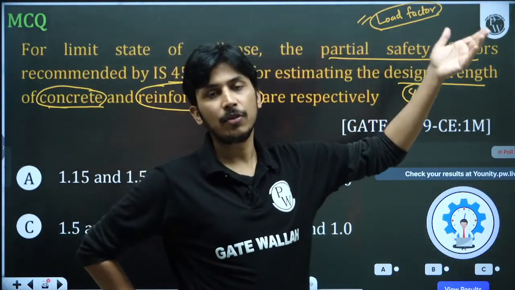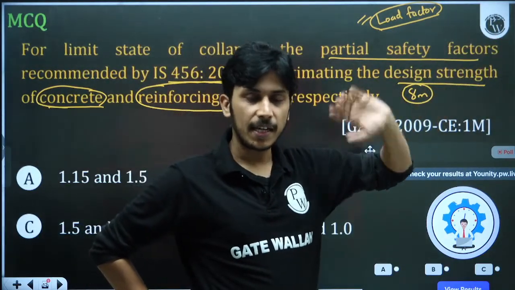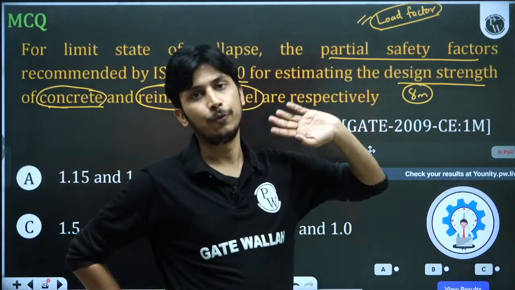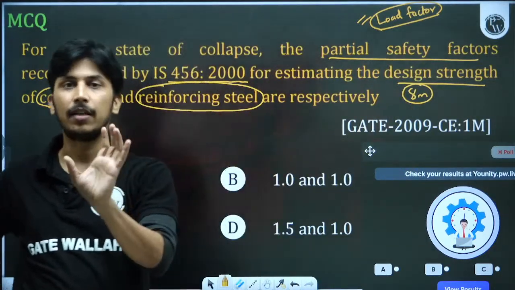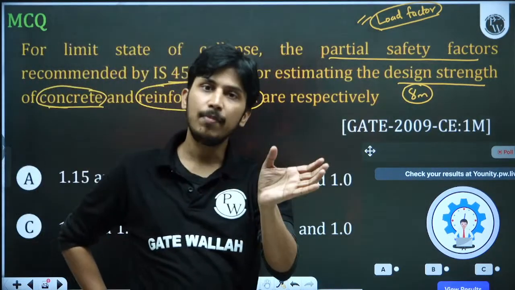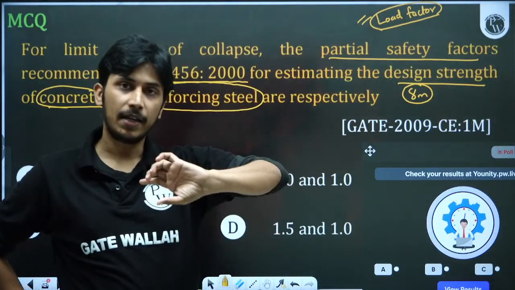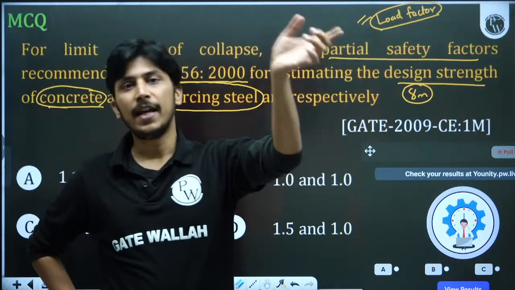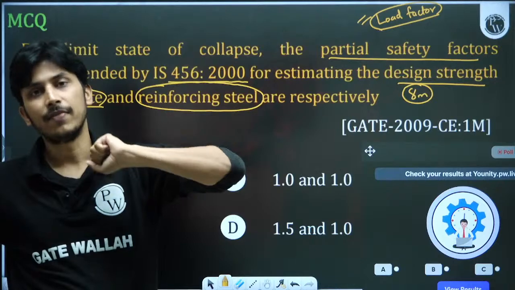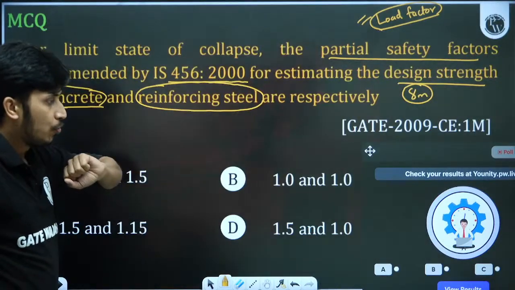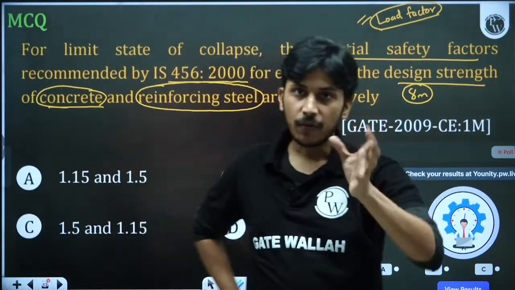There they have asked about the moment coefficient, and in another they have asked about the Lx by Ly value. Moment about the slab they have asked, but in one shift they asked about the moment factor, in the other shift about the Ly Lx value. You have to understand that in both shifts they are asking the same thing.